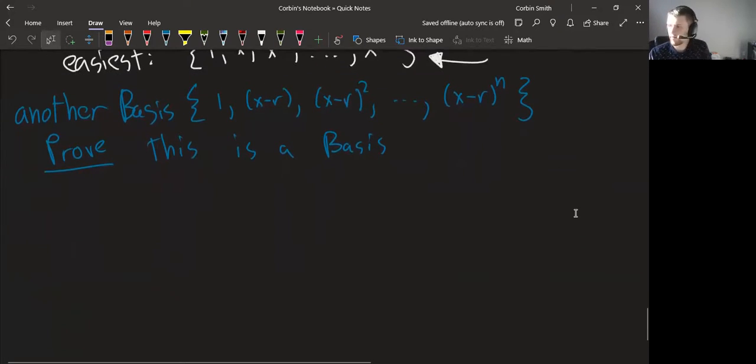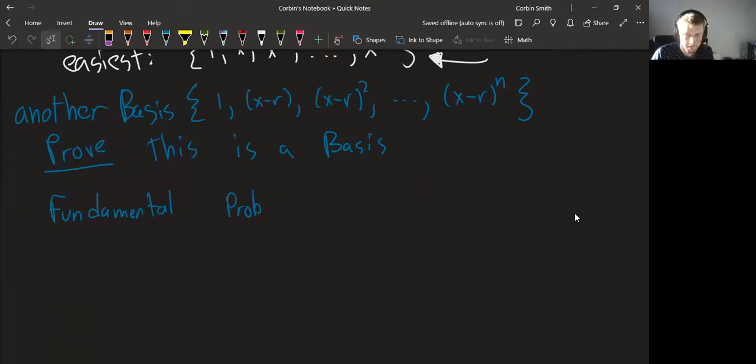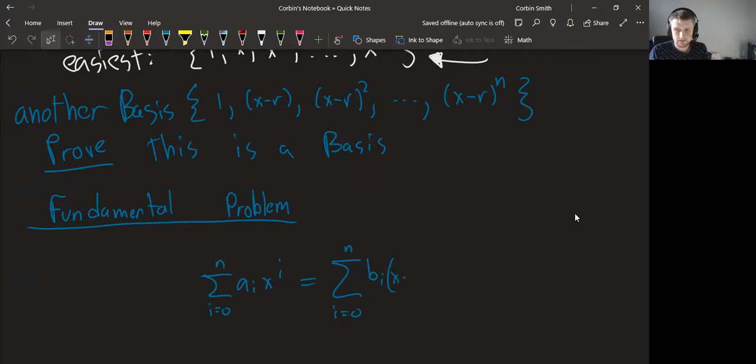This is the fundamental problem that Taylor series answer. If I have a sum from i equals 0 to n of a_i x^i, how do I change the basis to rewrite it this way? This is literally just a change of basis.